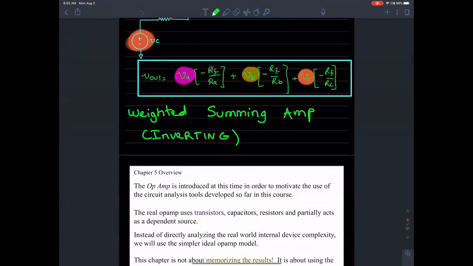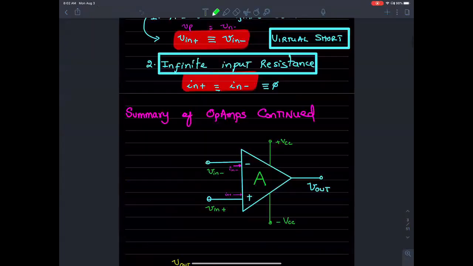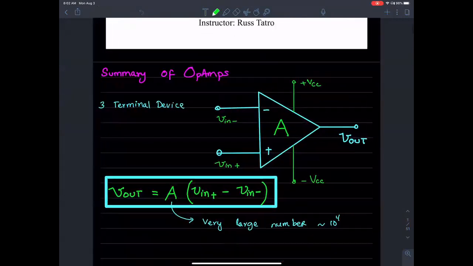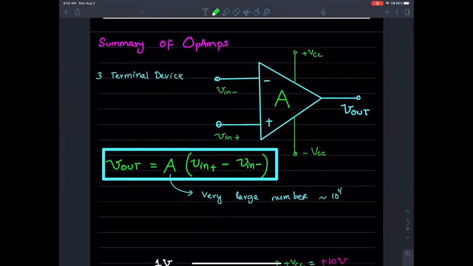Okay, so we started looking at the operational amplifiers, and I summarized op amp in 3 or 4 pages. Basically, it's a 3-terminal device if you exclude the power supplies. What it does is to amplify the difference between V input positive and V input negative.